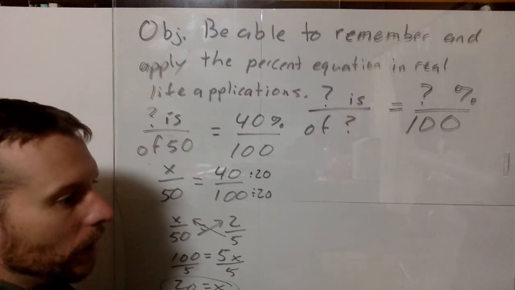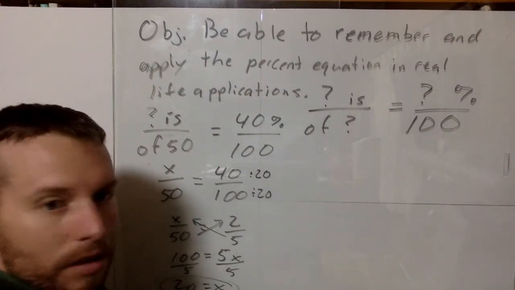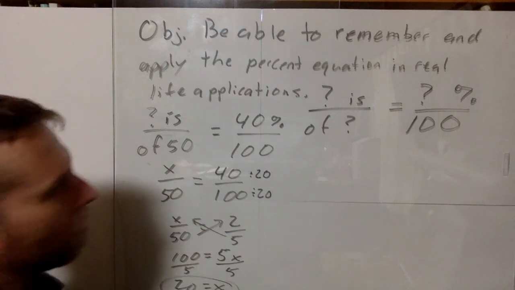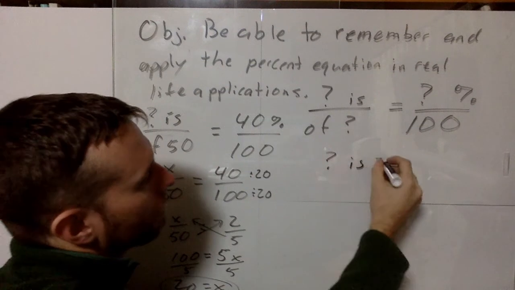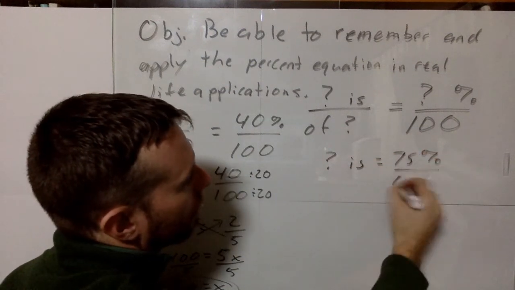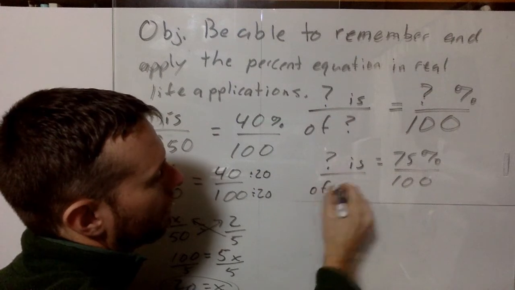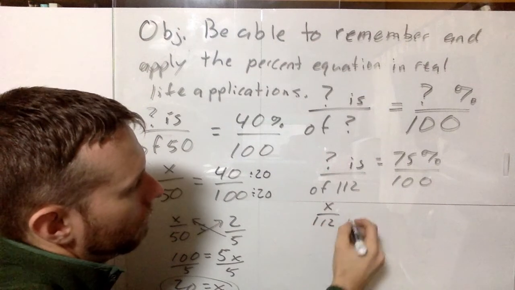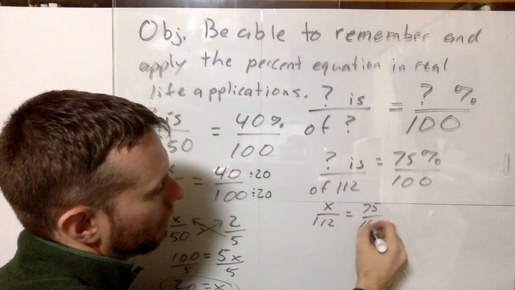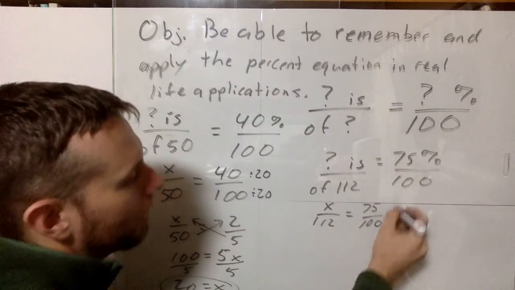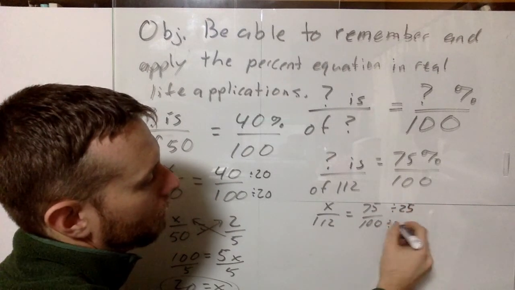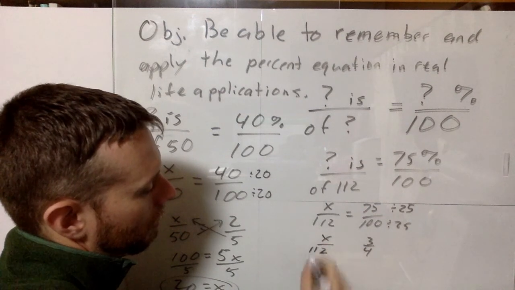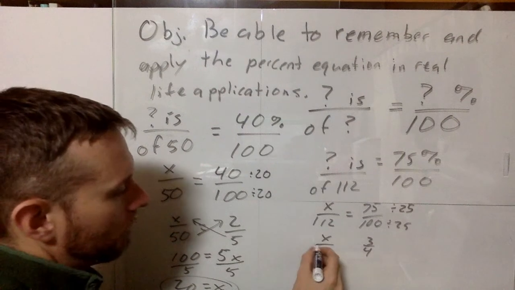Okay, how about what is 75% of 112? x over 112 equals 75 over 100. If we divide the top and the bottom by 25, we get 3/4, so x over 112 equals 3/4.